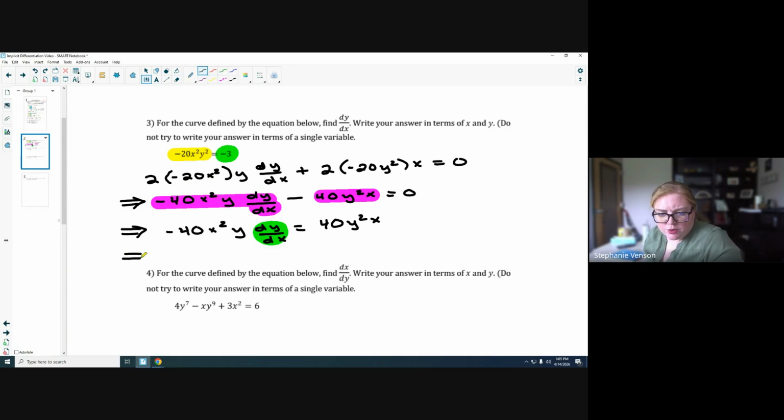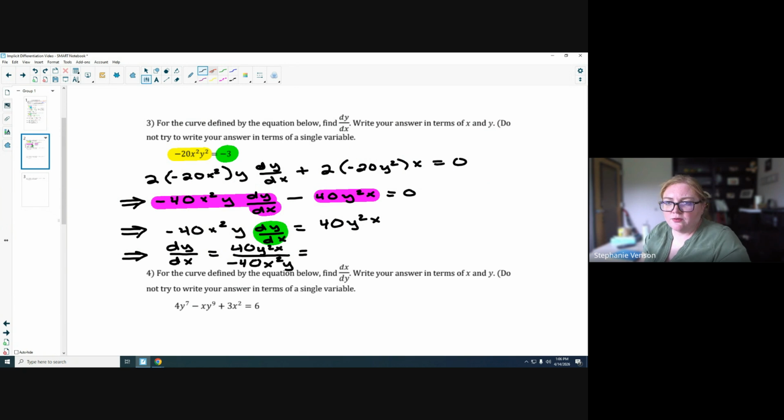So this is going to become dy dx equals 40 y squared x, that's this thing over here, divided by this thing over here, negative 40 x squared y. So that's actually my answer. That's my dy dx. I just need to simplify it algebraically a little bit.